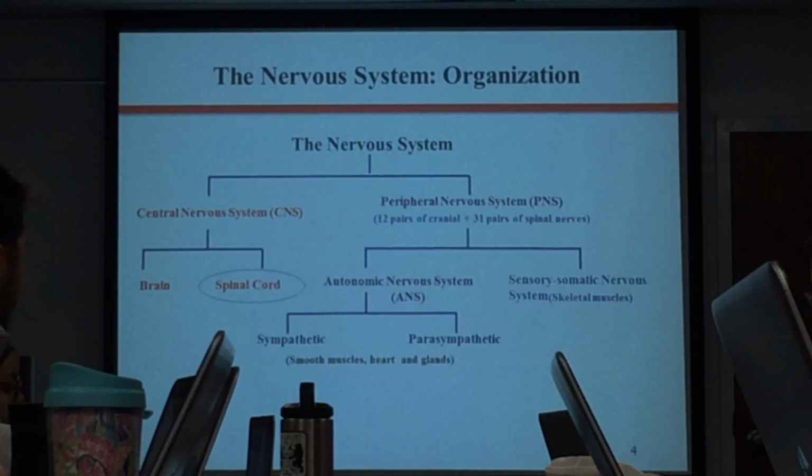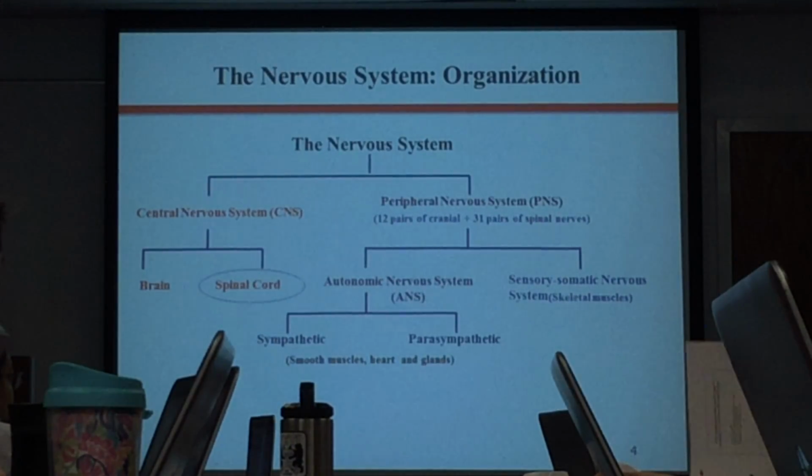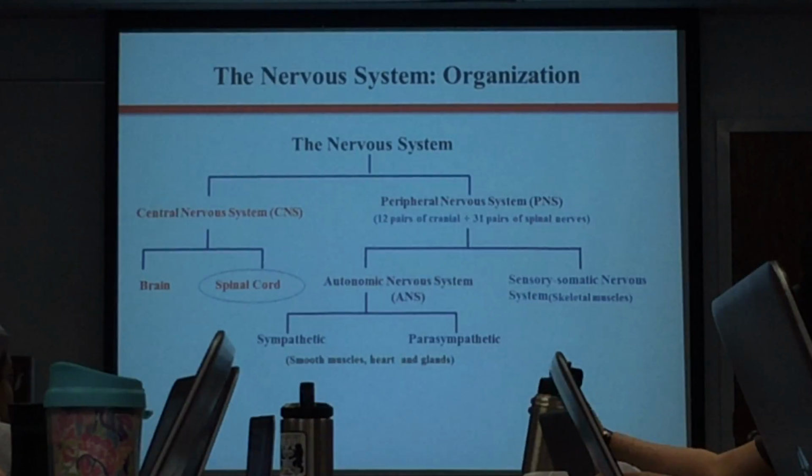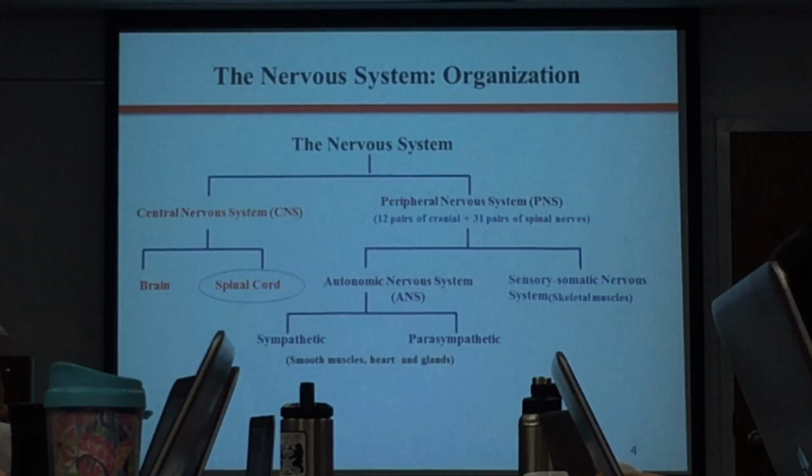The peripheral nervous system is complicated. It contains 12 pairs of cranial nerves and 31 pairs of spinal nerves. The peripheral nervous system can be further divided into autonomic nervous system and the sensory somatic nervous system based on the function. The autonomic nervous system can be further divided into sympathetic and parasympathetic system.